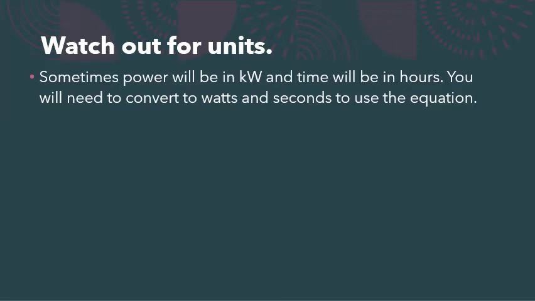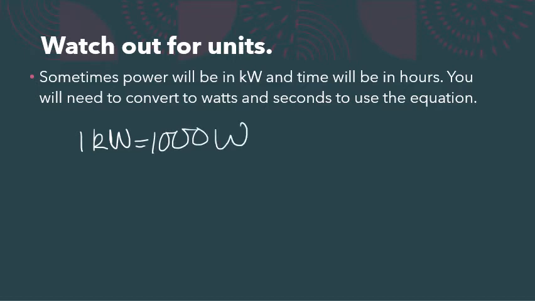Now, what's important is you should watch out for units. Sometimes power will be in kilowatts and time will be in hours. You will need to convert to watts and seconds to use the equation. So you know the relationship between kilowatts and watts: 1 kilowatt is equal to 1,000 watts.